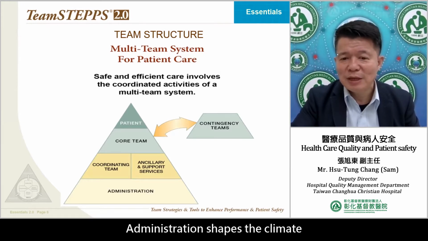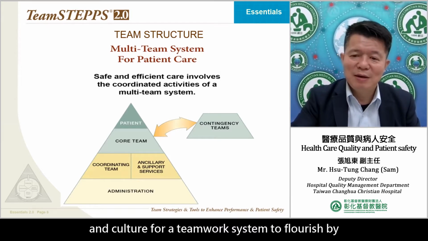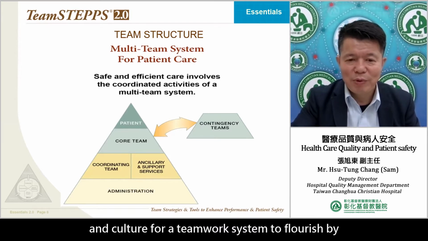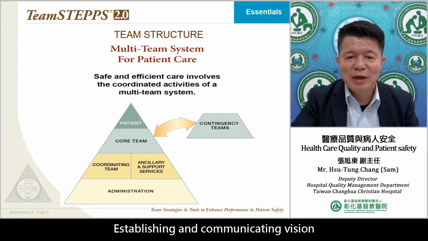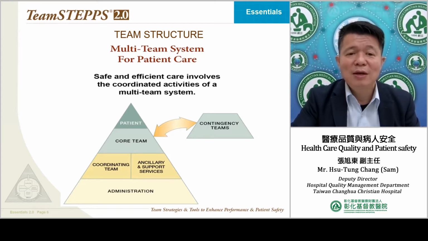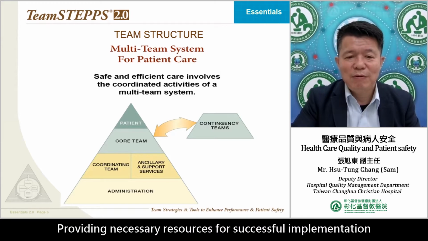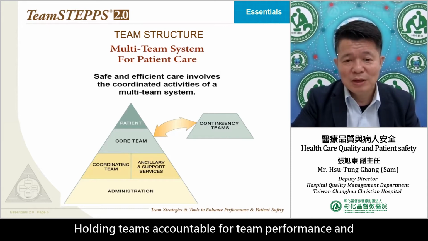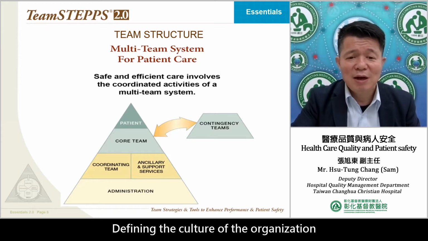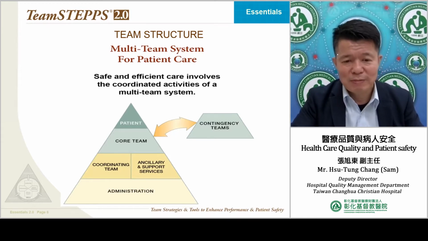Administration shapes the climate and culture for a teamwork system to flourish by establishing and communicating vision, developing and enforcing policies, setting expectations for staff, providing necessary resources for successful implementations, holding teams accountable for team performance, and defining the culture of the organization.